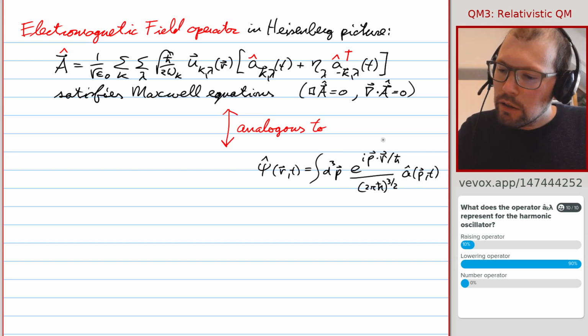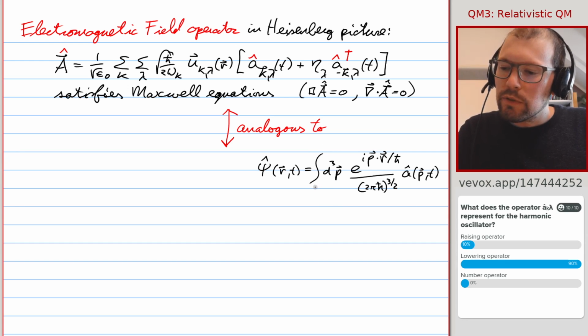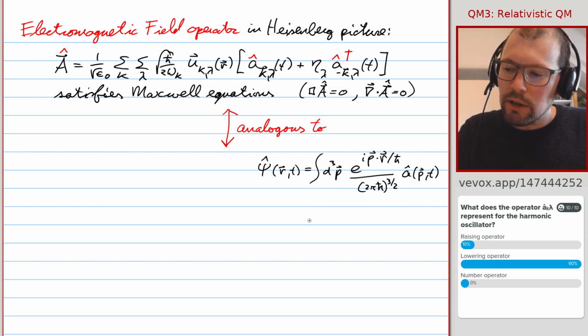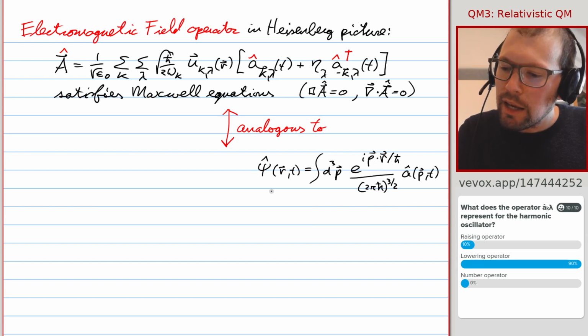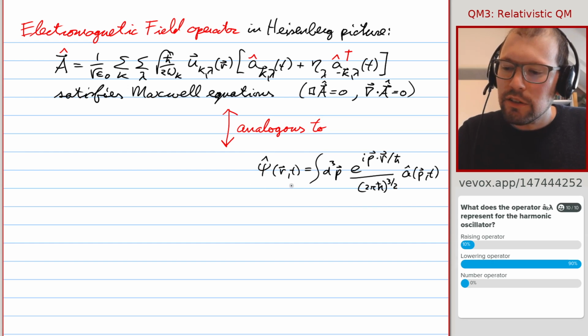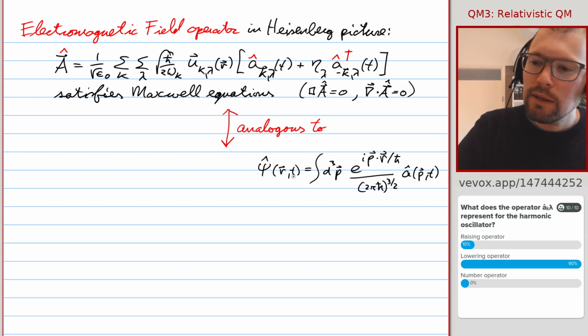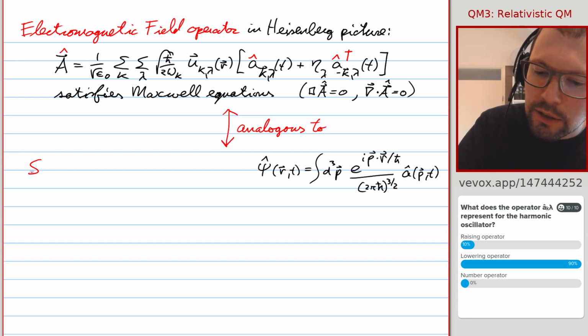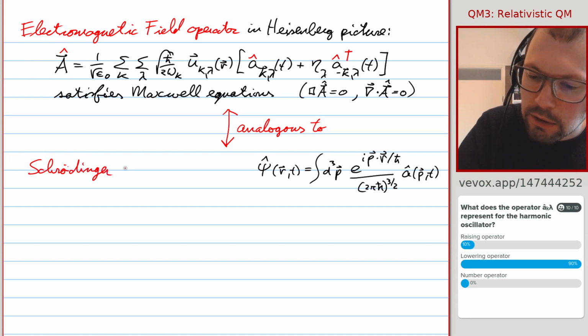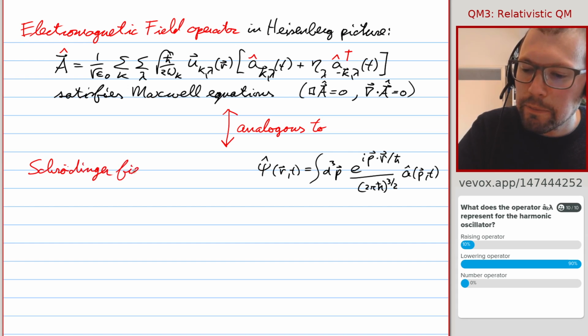Then to go back to position representation, it was integrated against e to the i p dot r, and that gave this operator psi, which was called the Schrödinger field operator.